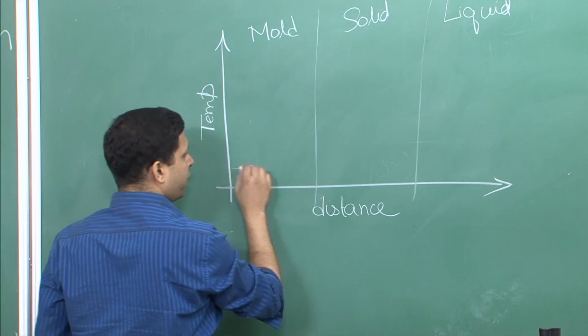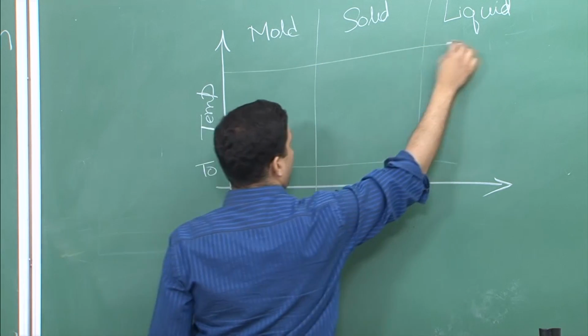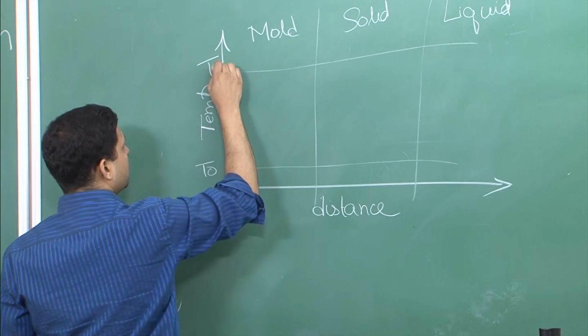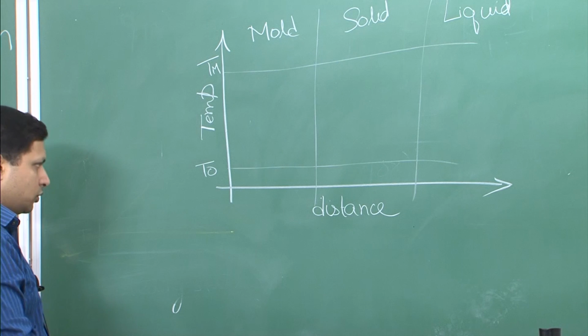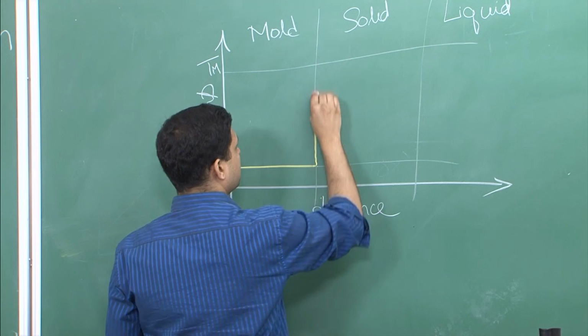And we will again define the important temperatures, one of which is the ambient temperature, the other is the melting point. So to begin with, we know that the temperature is like this.